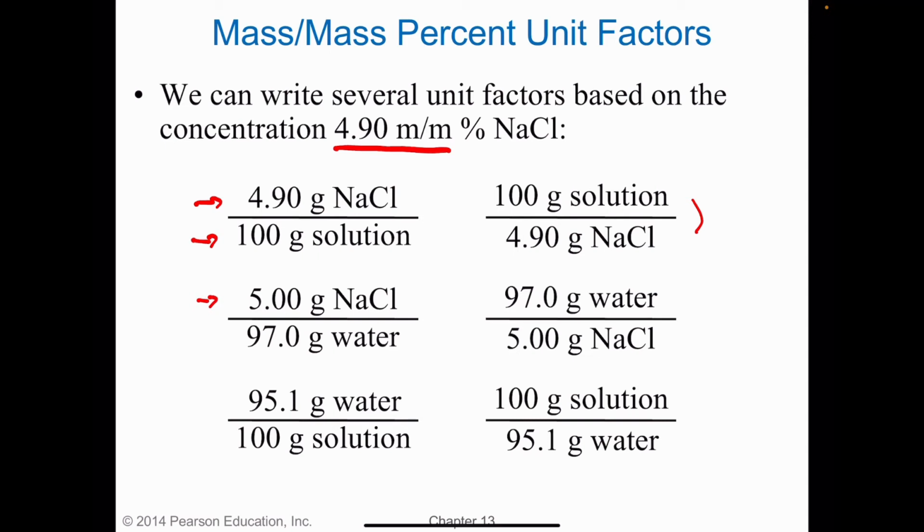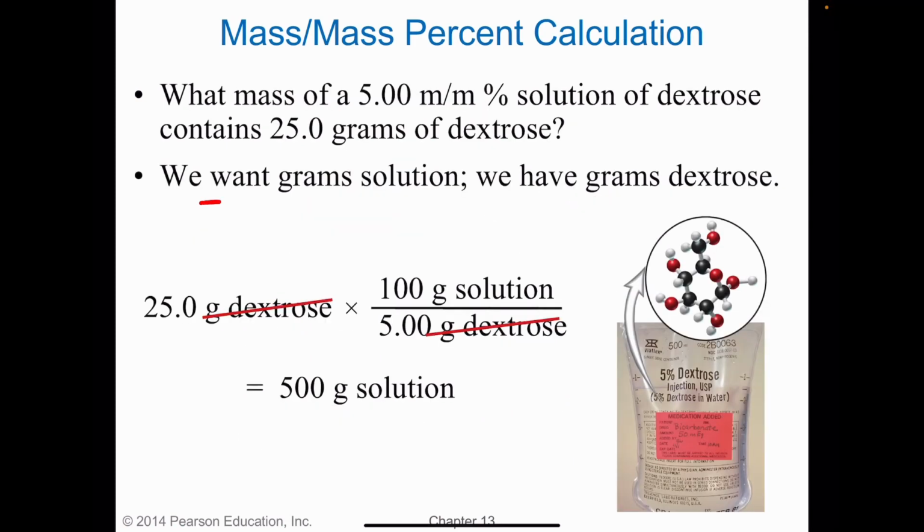So 5 grams of NaCl over 100 grams of solution. Wait, why does it say 4.9? I thought that was a typo, but no, that's correct. And then this is just expressing that same ratio in terms of water if you needed it. So it's just multiple ways of taking this 4.9 mass percent and setting it up as a fraction if you had to do a dimensional analysis problem where you're just converting units. Just a quick example of how we could use that.